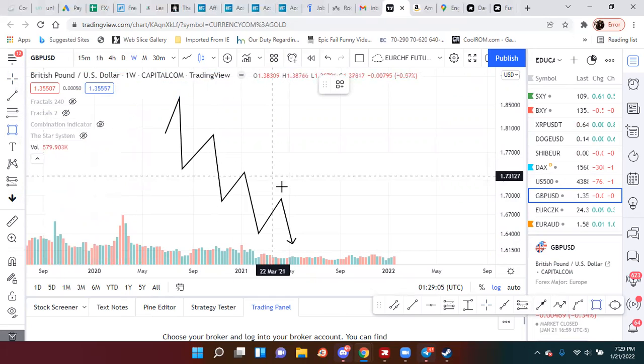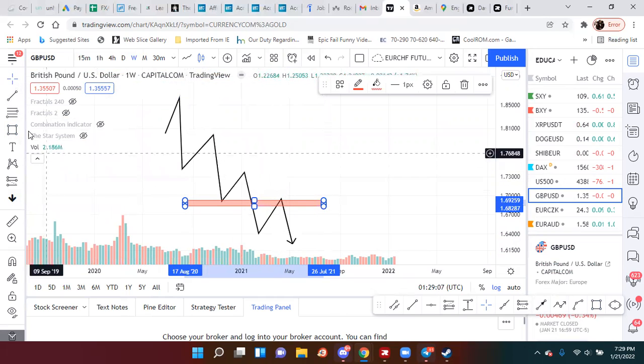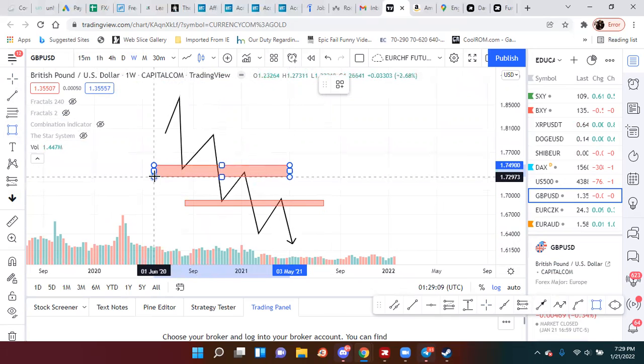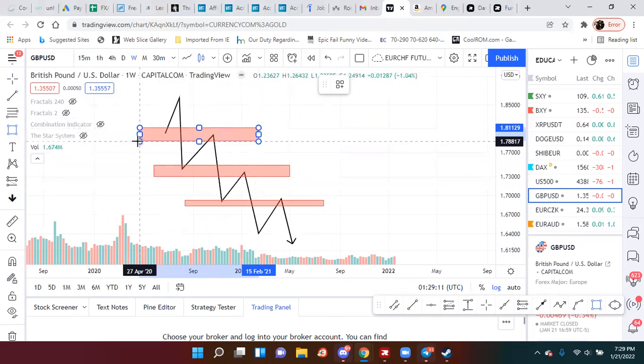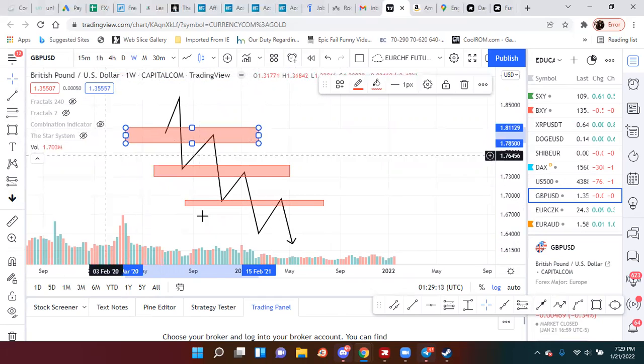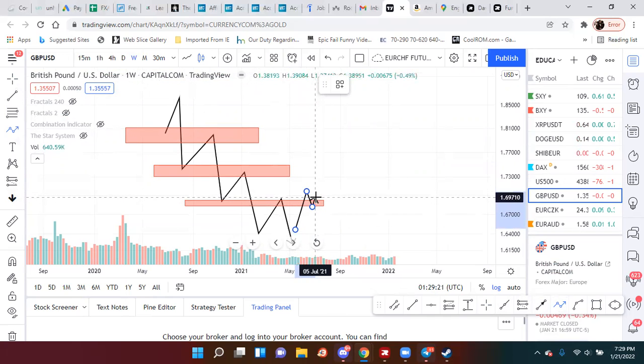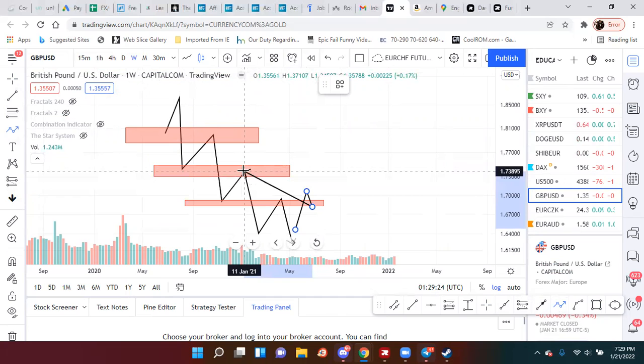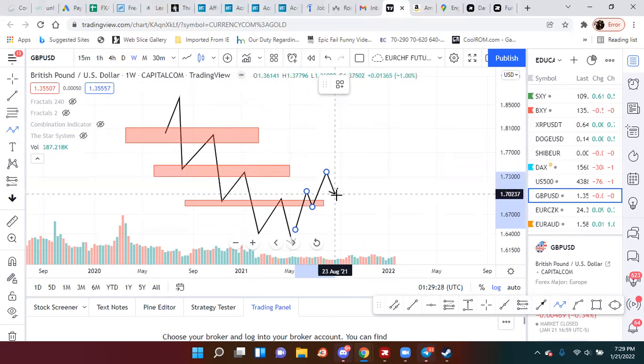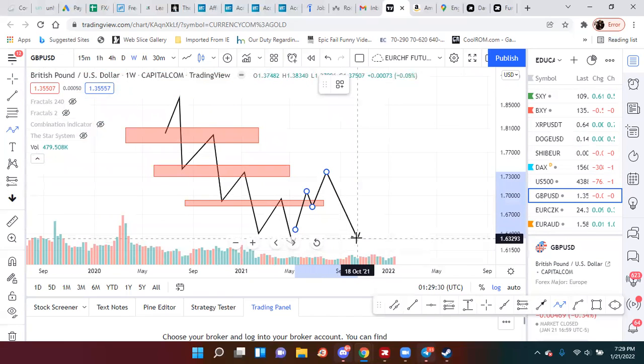Let's do this. If the market pulls back here, breaks, retests, this isn't an uptrend yet until it takes out this previous higher high, because it'll come up here, and if it doesn't take this out, then we can see it continuing down. So it has to take out.